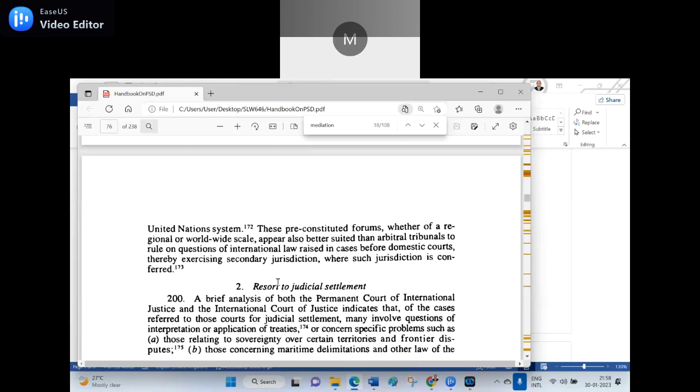So these are the two ways we can resolve the dispute.